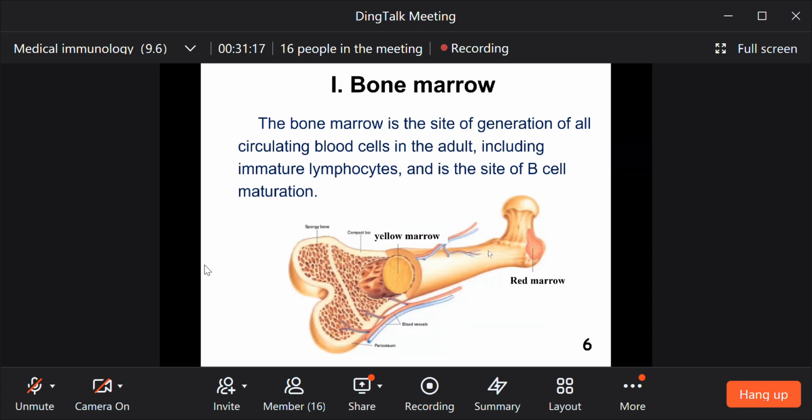So if a question asks you which marrow produces the cells, it is the red marrow. The red marrow.